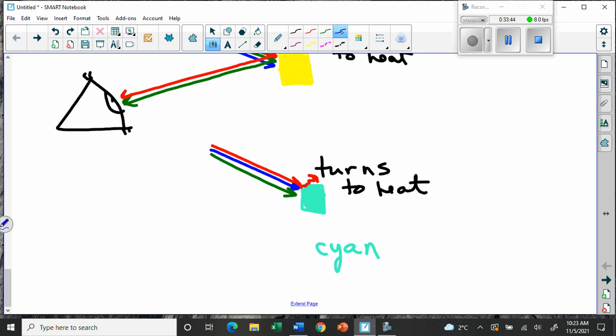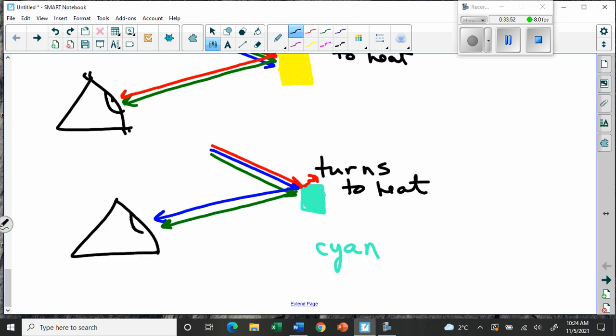Okay, now the blue gets bounced back, and the green gets bounced back. And our eye then will see our blue and green cone cells will light up at the same time. And when our brain sees them together, our brain says, I see cyan.